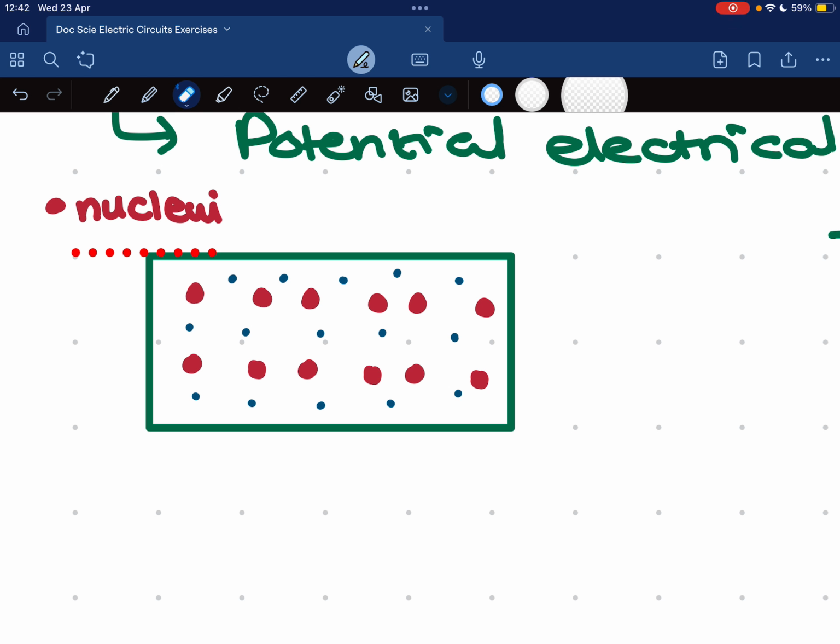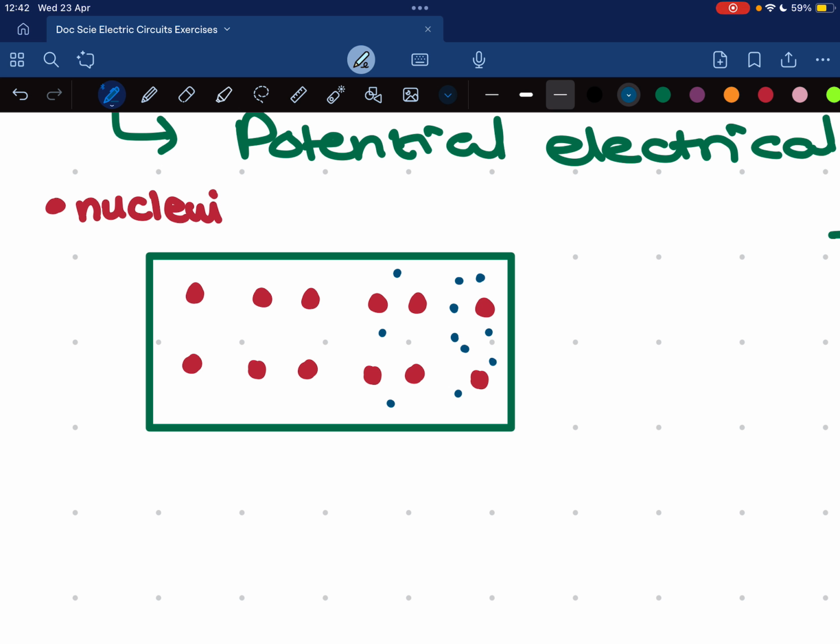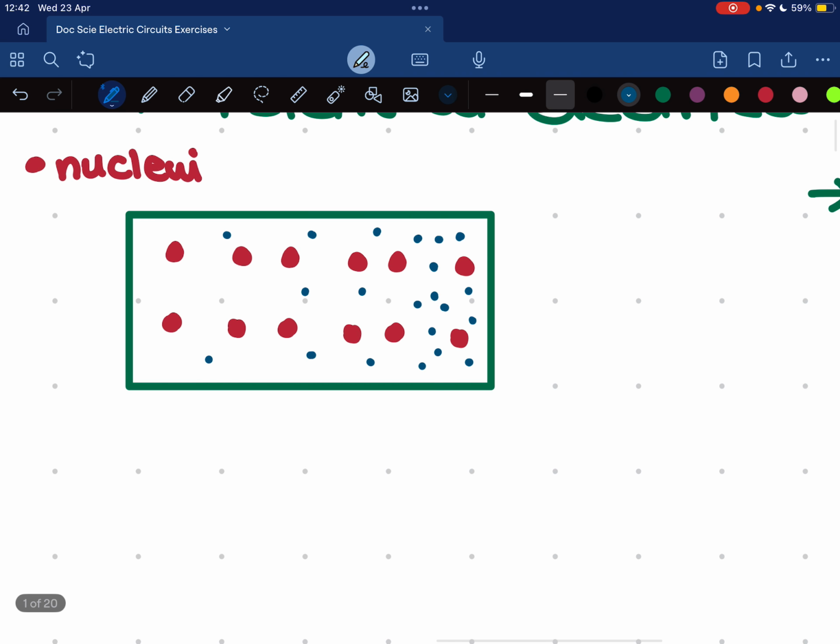They are delocalized. So what happens is that we provide energy into the system by moving electrons closer to one side of the metal. And when we do that, we create this potential difference, right?